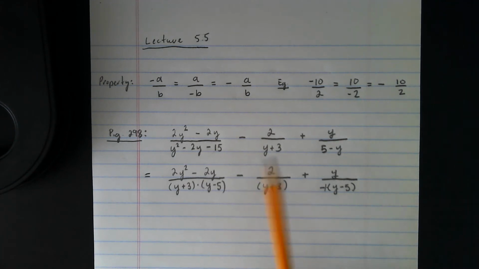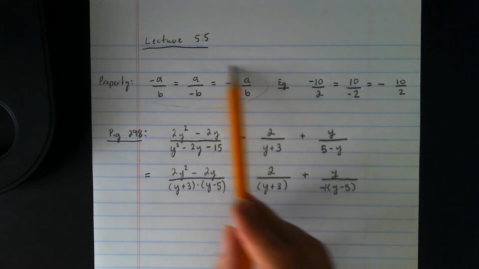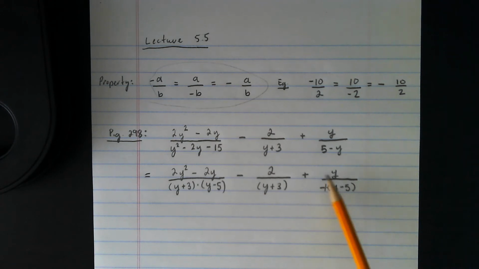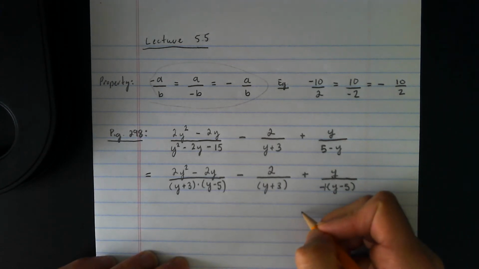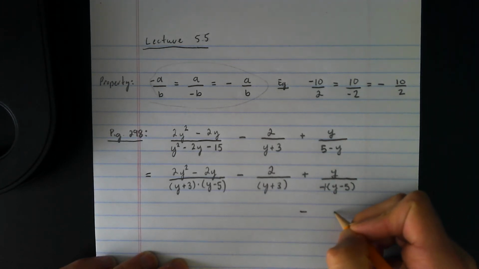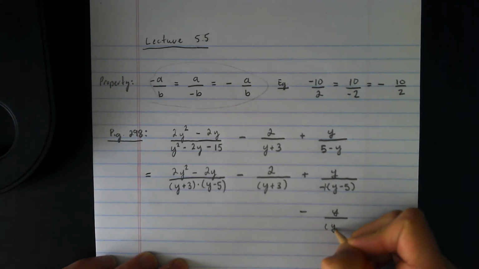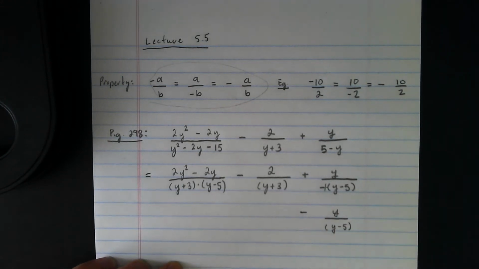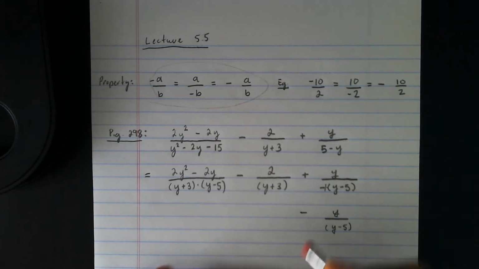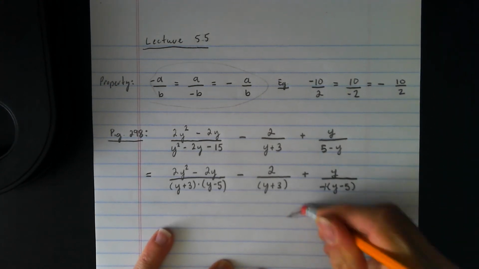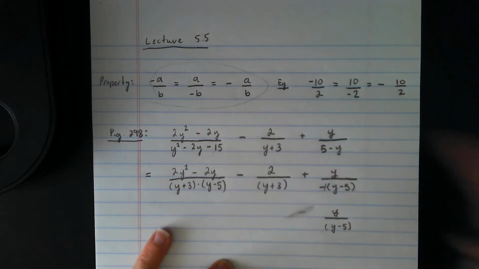But instead, using this property here, I can move it to the numerator and then just move it to the front, which would just turn this into minus y over y minus 5, like so. And now it's going to be much easier to work with our denominators. Sorry, just erase that for a second.